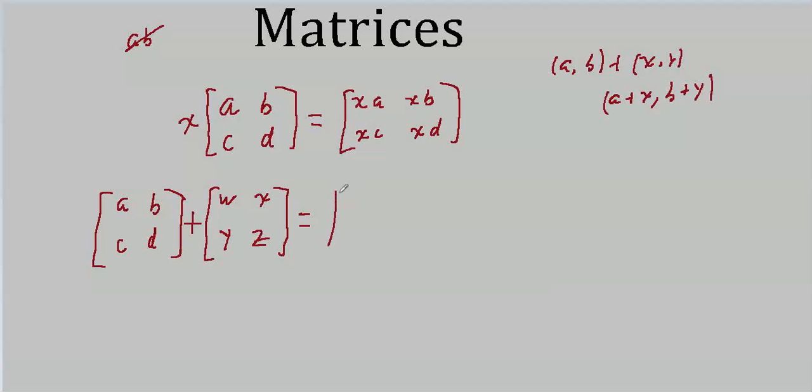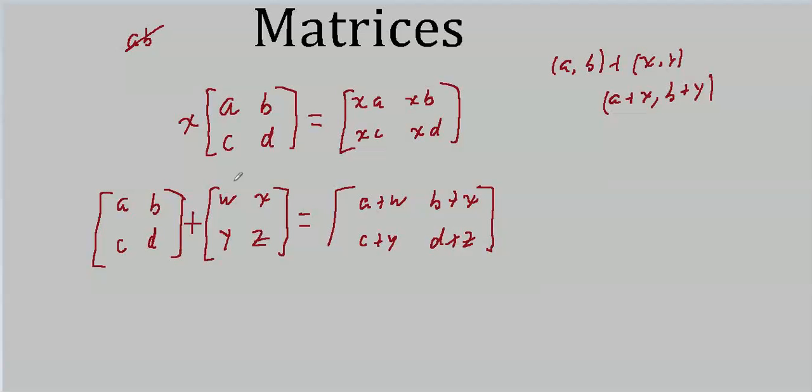We're going to get a new matrix, which is a plus w, b plus x, c plus y, and d plus z. So when you add up these two matrices, you do pretty much what you would probably expect to do.